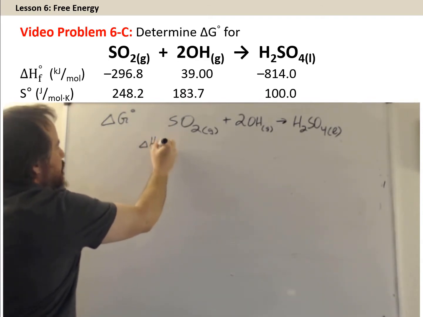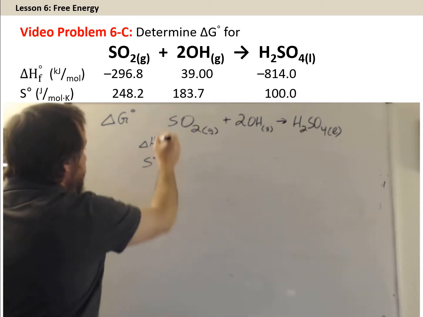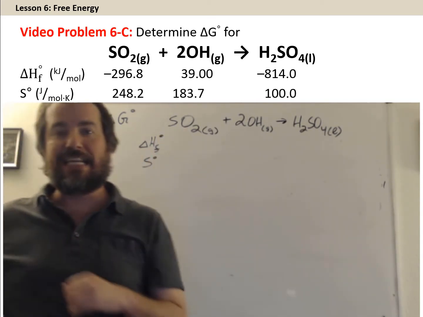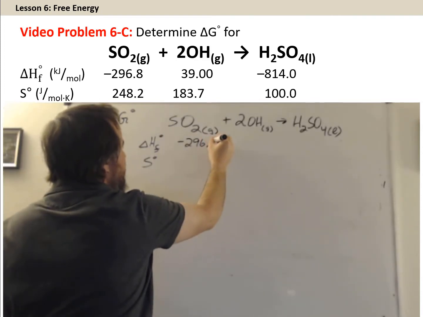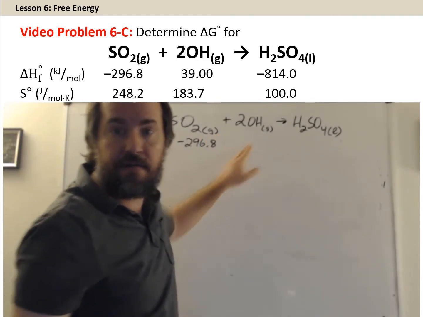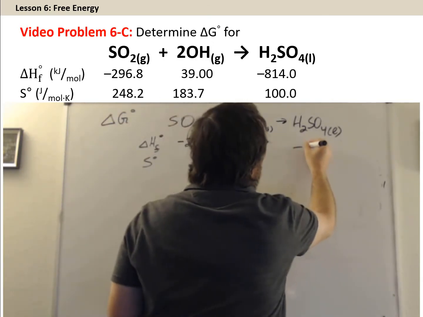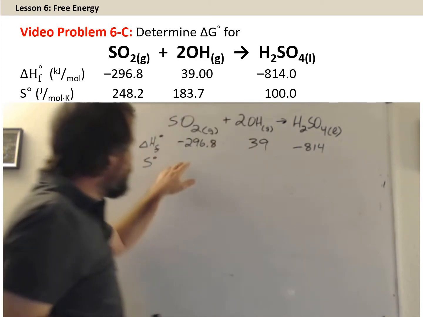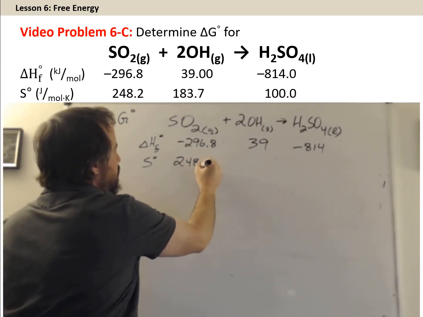I have delta HFs and I have standard entropies. So this isn't quite enough. I have negative 296.8, I have 39, and I have negative 814. Over here for standard entropies, I get 248.2.